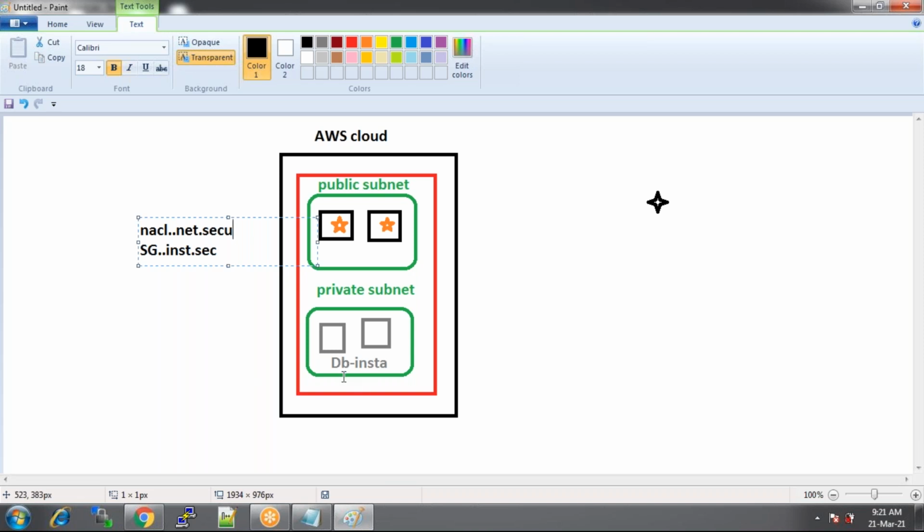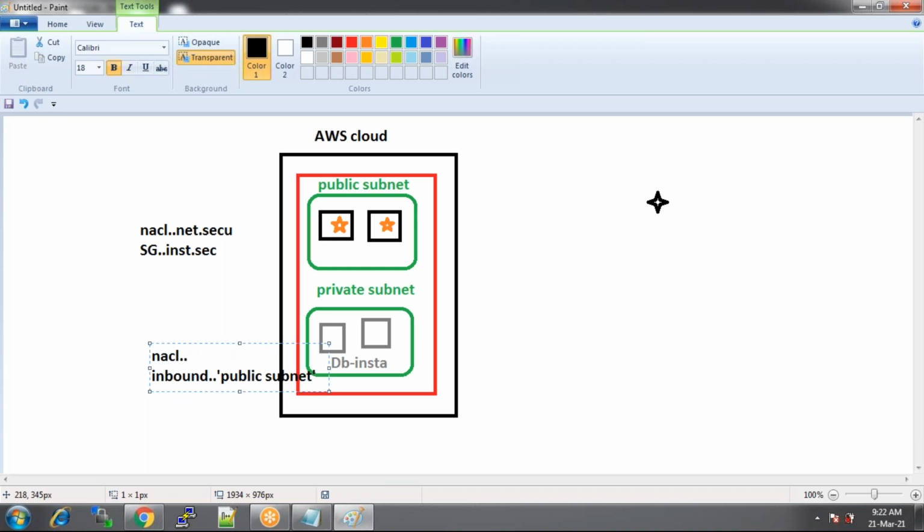Now in the NACL for this private subnet, I'm going to provide an inbound rule. NACL also has two types of rules, right? Inbound and outbound. I'm going to set up an inbound rule for the NACL of the private subnet, saying it can be accessed only by the public subnet.